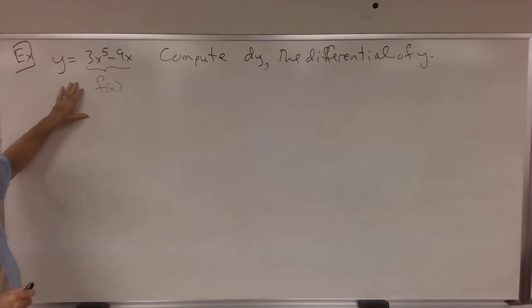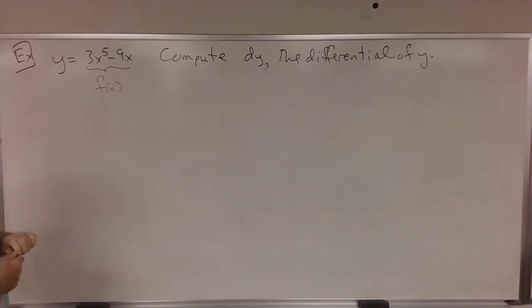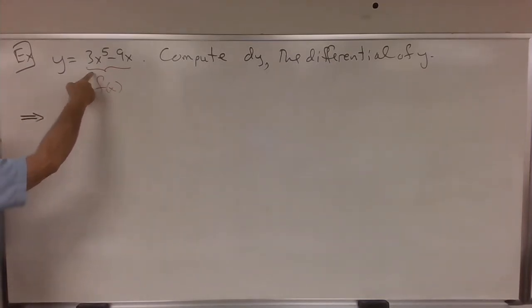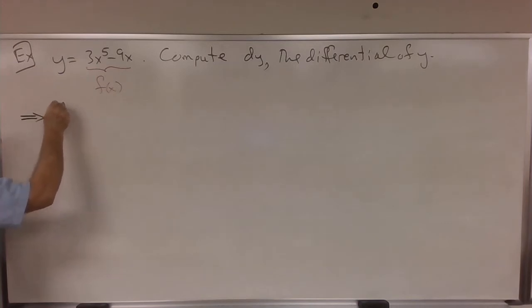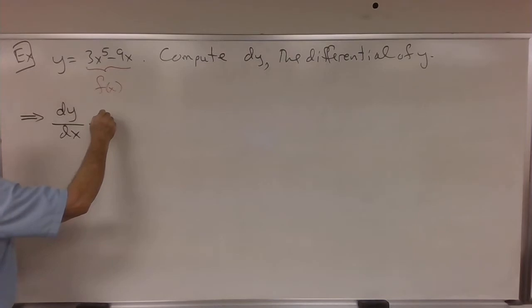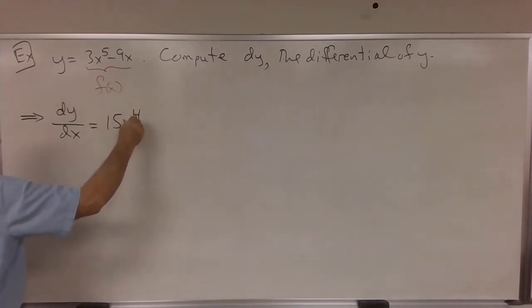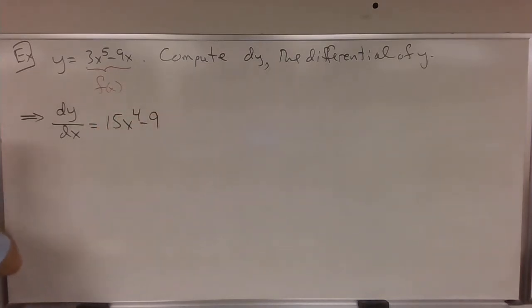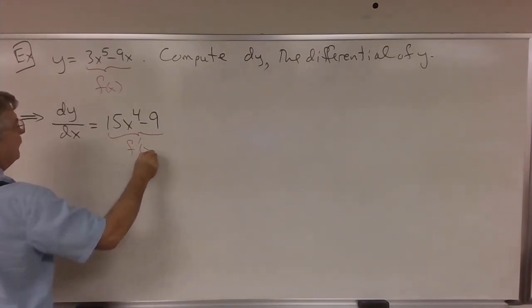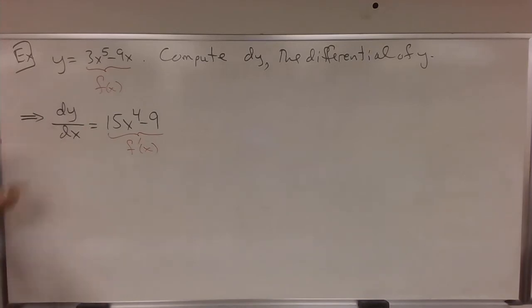First of all, we need dy dx. So we compute the derivative of both sides with respect to x. So we have dy dx equals f prime of x, 15x to the fourth minus 9.